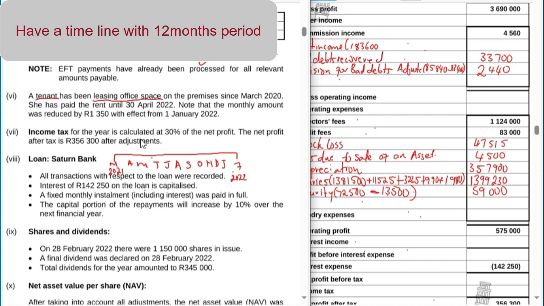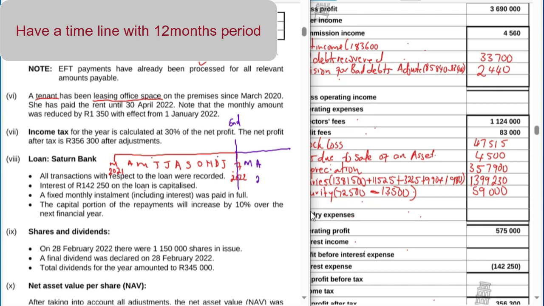And then since we have our timeline, now let's record this information to our timeline. It says that rent was paid until 30 April 2022. So April 2022, then we have the end of our financial year, which is February. February, March, April 2022.